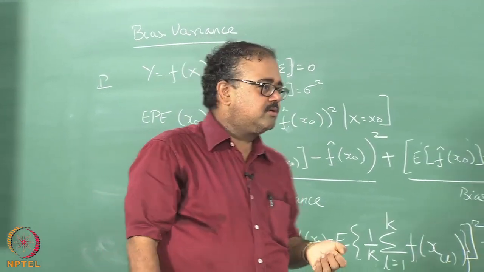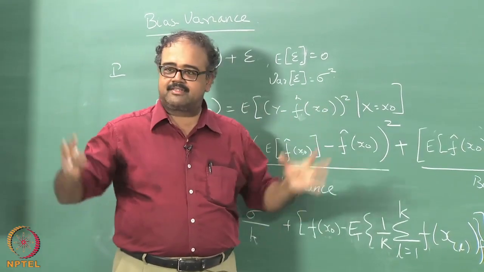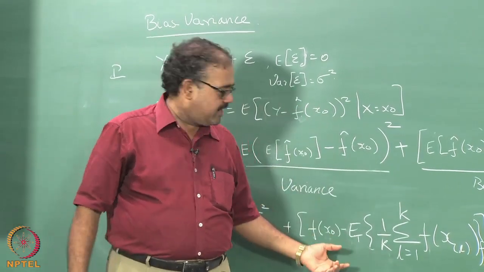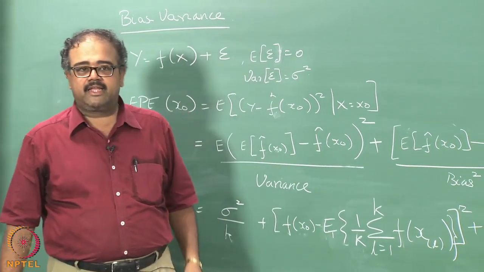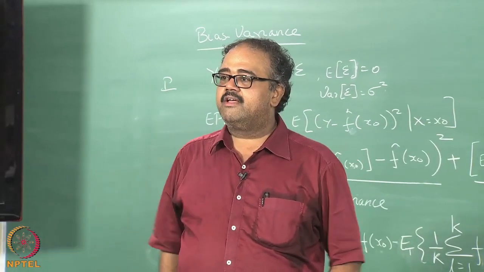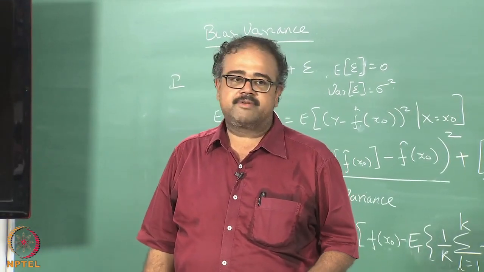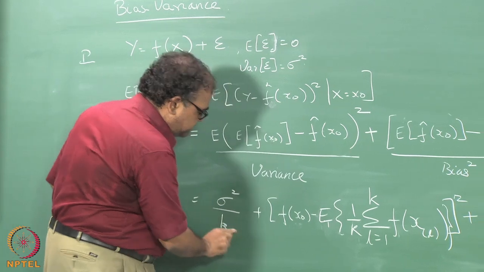The radius of the ball depends on the dimension, it becomes larger and larger as p becomes larger. And so essentially it means that even for small k the bias will be high because the expected distance to the nearest point will be larger in a high dimensional space. So not only will the variance be high because you have small k, even the bias will be high, and obviously increasing k is not helping you in that case.